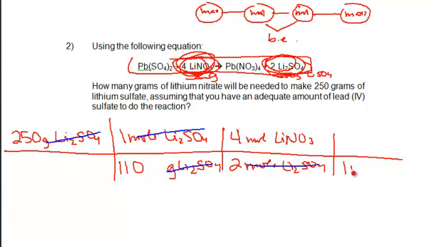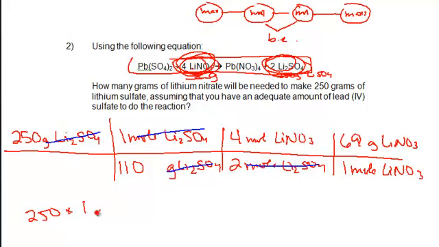I know that 1 mole of lithium nitrate is equivalent to 14 plus 48 plus 7, 69 grams of lithium nitrate. So to find out how many grams of lithium nitrate I'm going to need, I take 250 times 1 times 4 times 69.